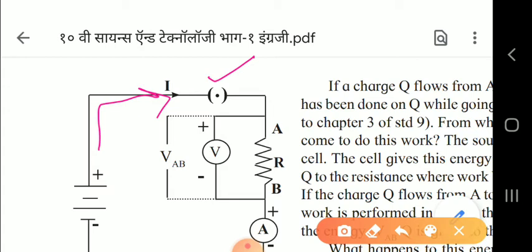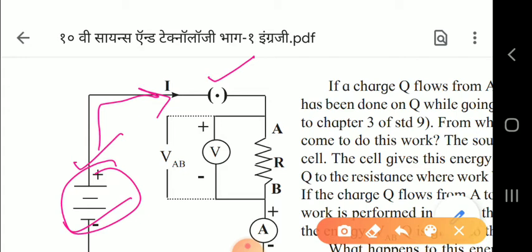Now the source of energy is the cell, as I have already shown you. This is the cell. This is the positive electrode and this is the negative electrode. Now the cell gives energy through the charge Q to the resistance, where work V_AB Q is performed.